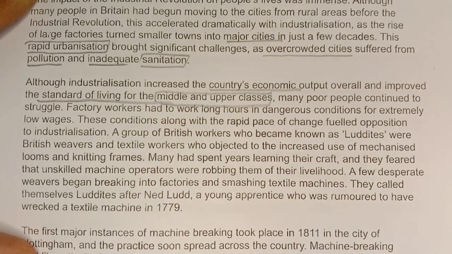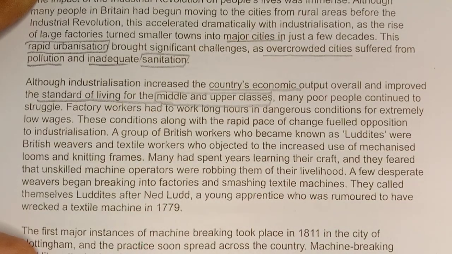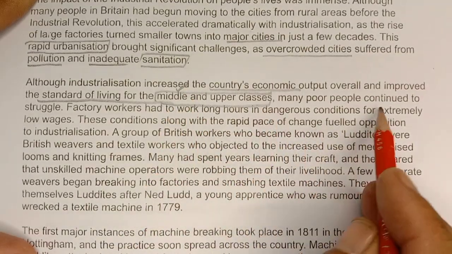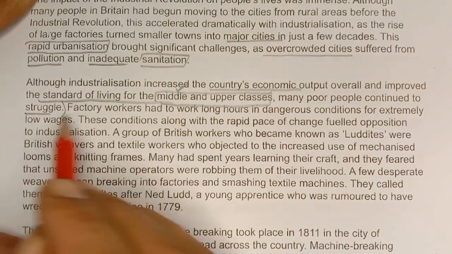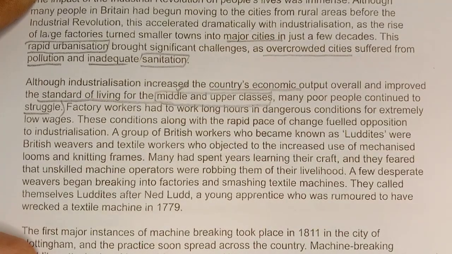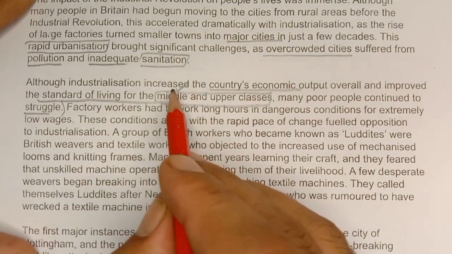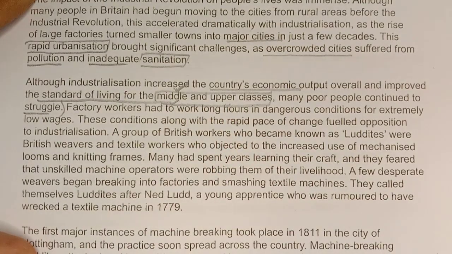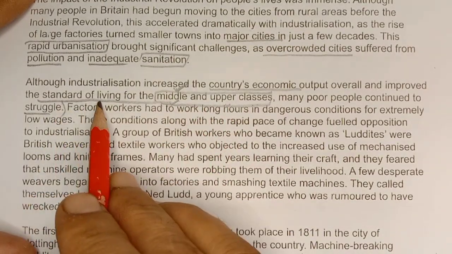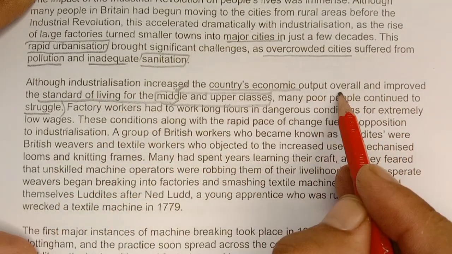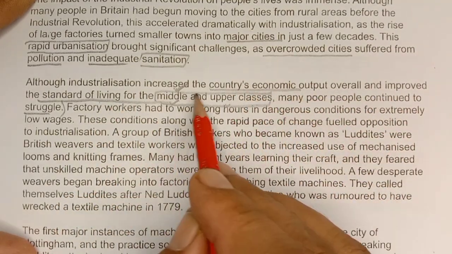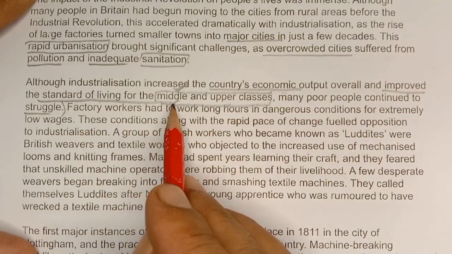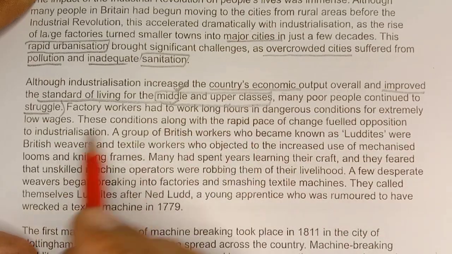Yes, he is right that some specific factors benefited from this revolution, and which are those? Middle and upper class. Many poor people continue to struggle, and the poor are still struggling. So overall, it increased the country's economic output and enhanced the standard of living of the middle and upper class, but the poor are still struggling.